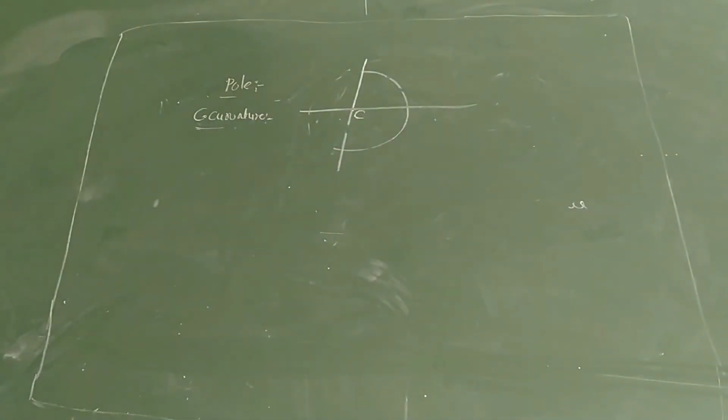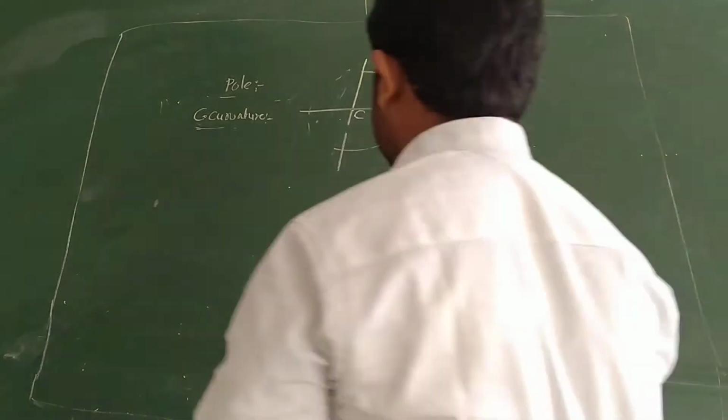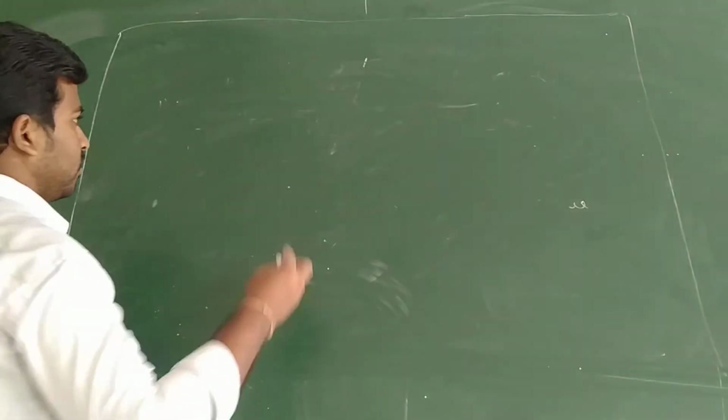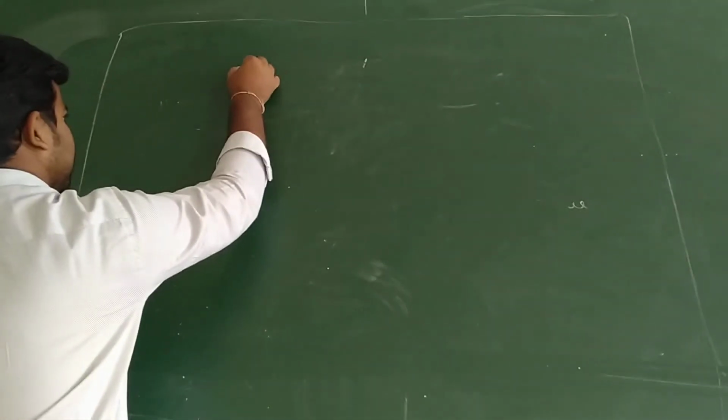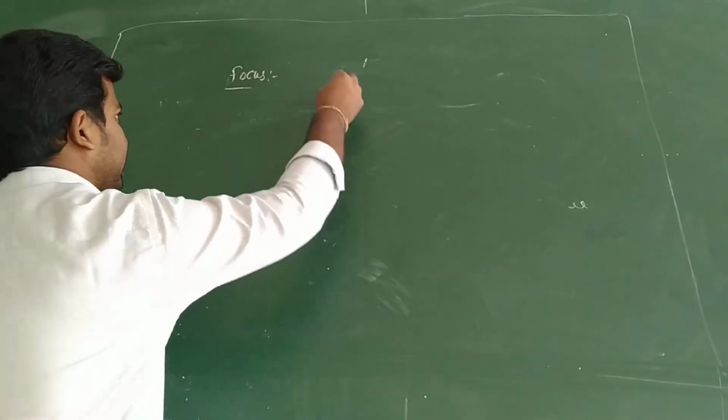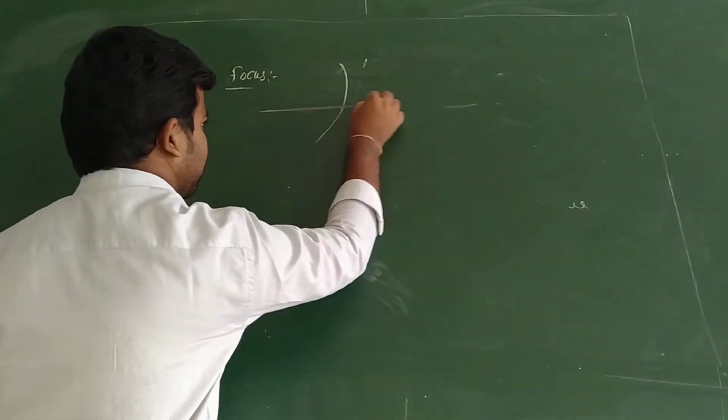And the next one is the focus of the spherical mirror. For example, this is a concave mirror.